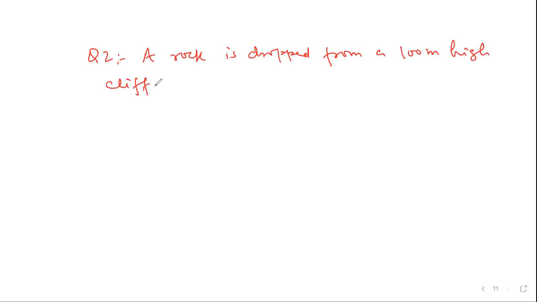A rock is dropped from a 100-meter high cliff. How long does it take to fall?